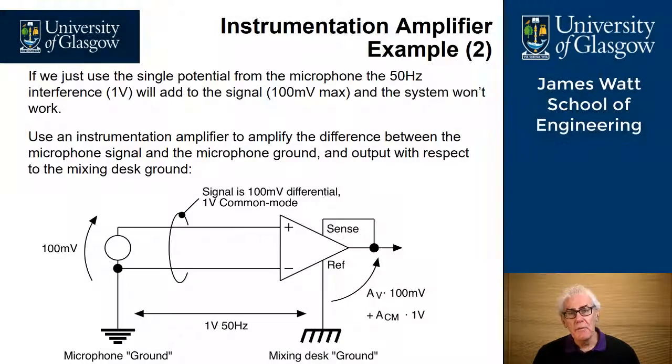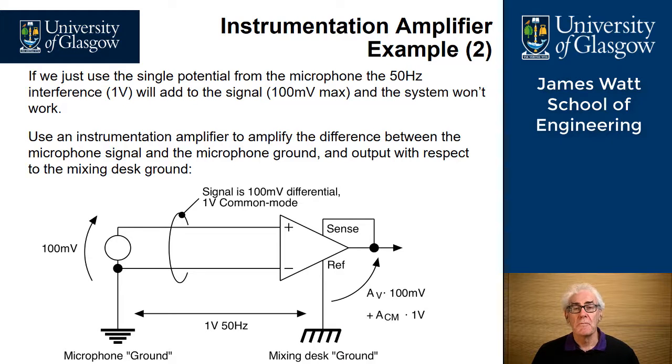If we just took the signal directly from the microphone and connected it to the mixing desk, we would have the 50 Hertz interference signal adding on to the 100 millivolt signal from the microphone, and the system would be very, very distorted and full of interference.